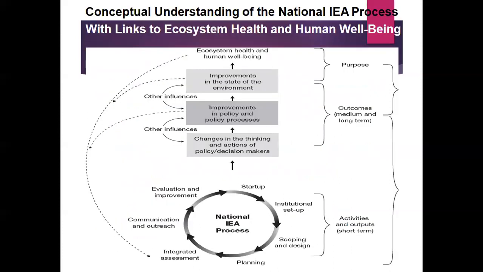Okay, now here we have somewhat of a complex schematic diagram. So let me just help you understand what's happening here, because it's really all about relationship and how different variables affect each other. So here we have our national IEA process. So we already know what this is, right?